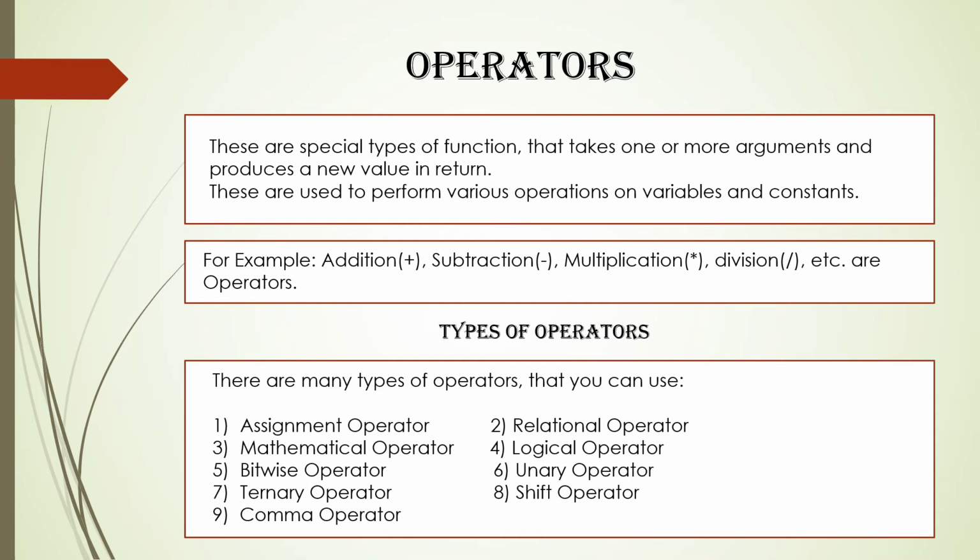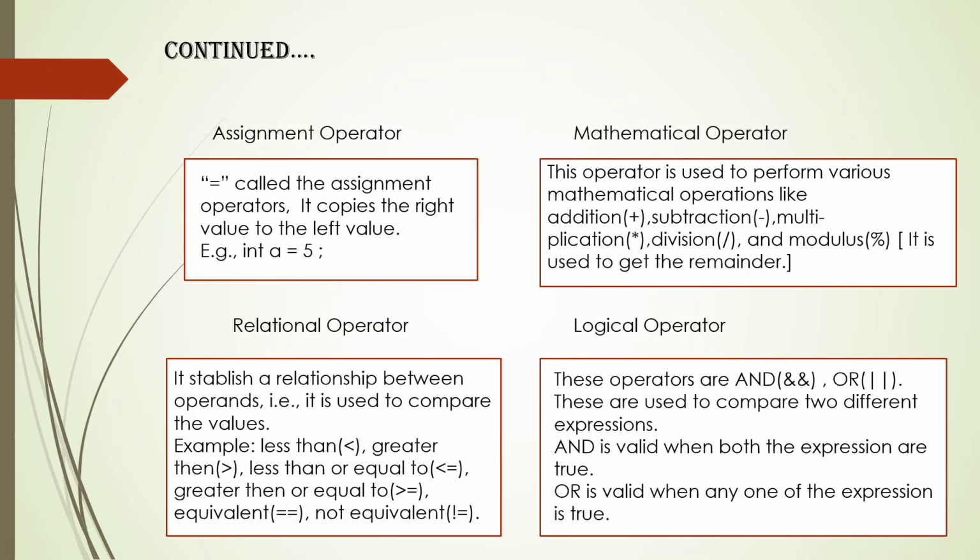In C, there are many types of operators, and they are assignment operator, relational operator, mathematical operators, logical, bitwise, unary, ternary, shift, comma operator. Now let's see these operators in detail, what these operators stand for. So first is assignment operator. Equal to is called the assignment operator. It is used to assign a value, that is it copies the right value to the left value.